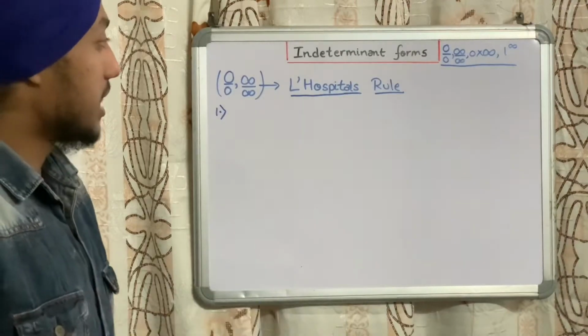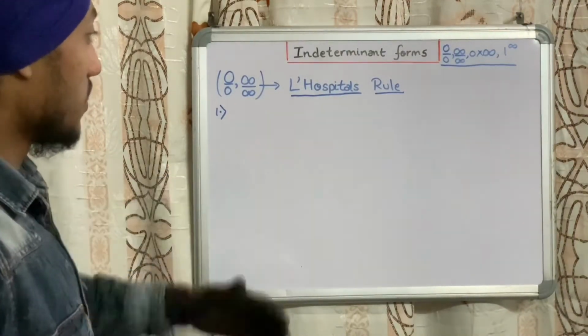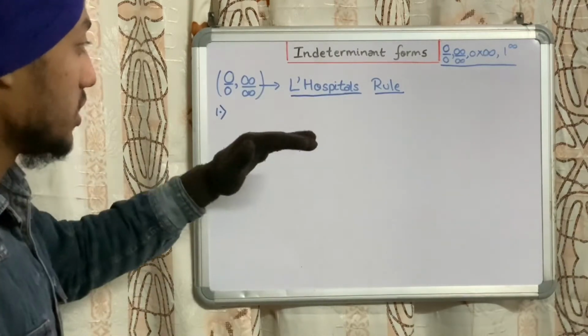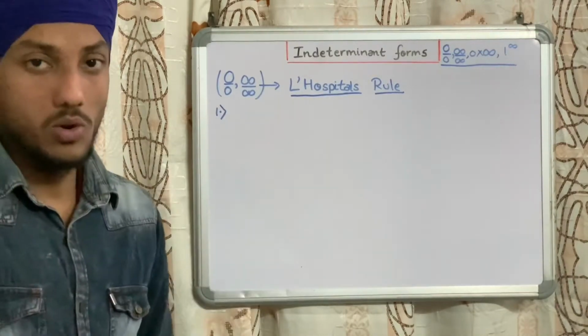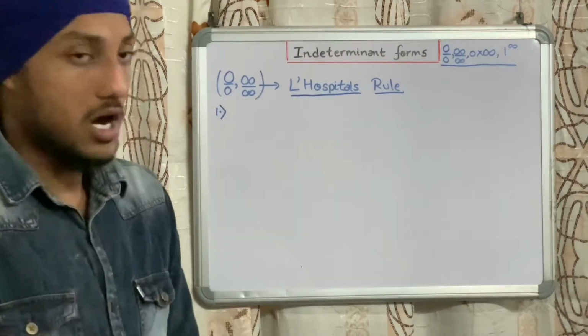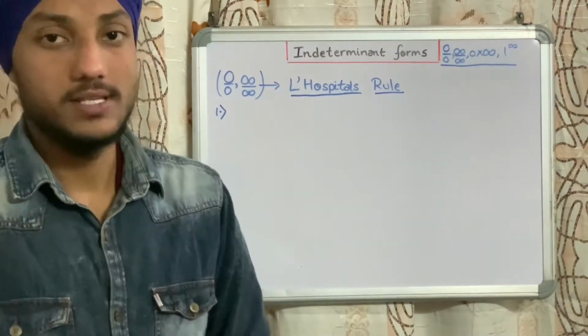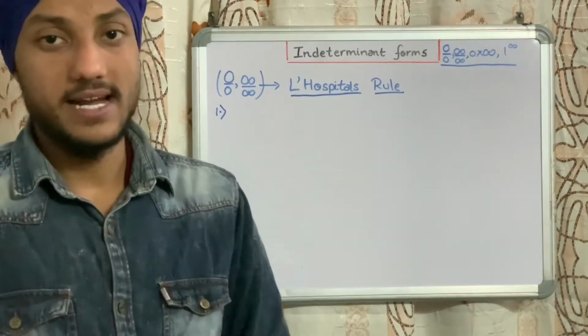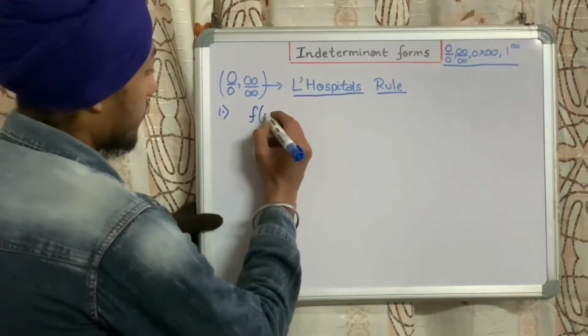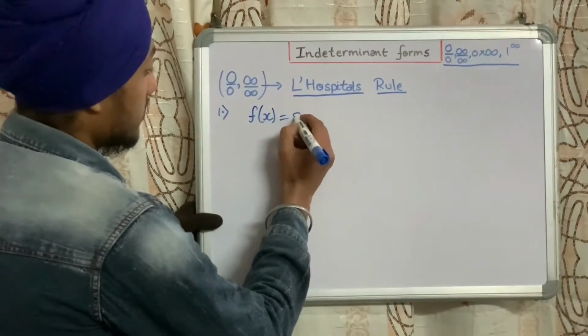Before we start, let's discuss what indeterminate forms are and how we apply L'Hospital's rule. In limits, suppose we are given two functions, f of x equals sine x and g of x equals x.